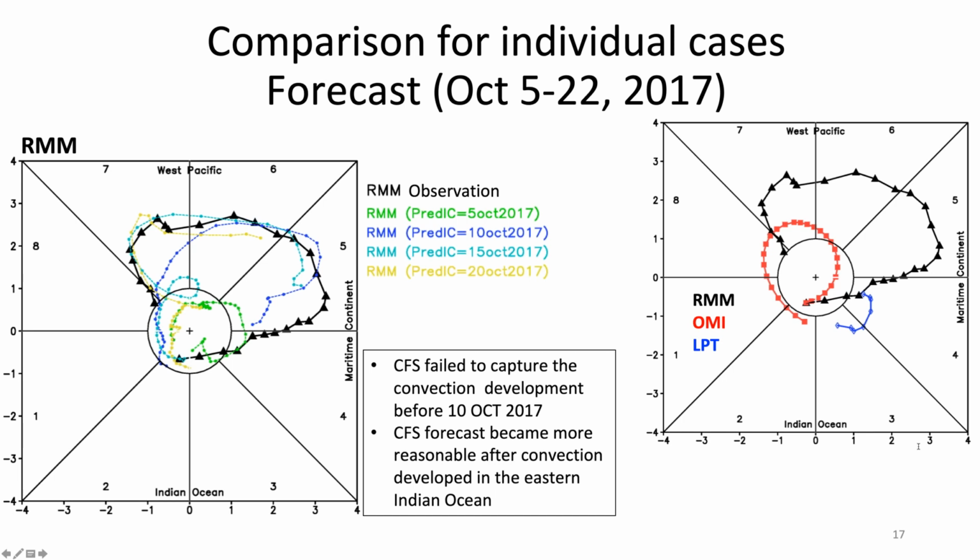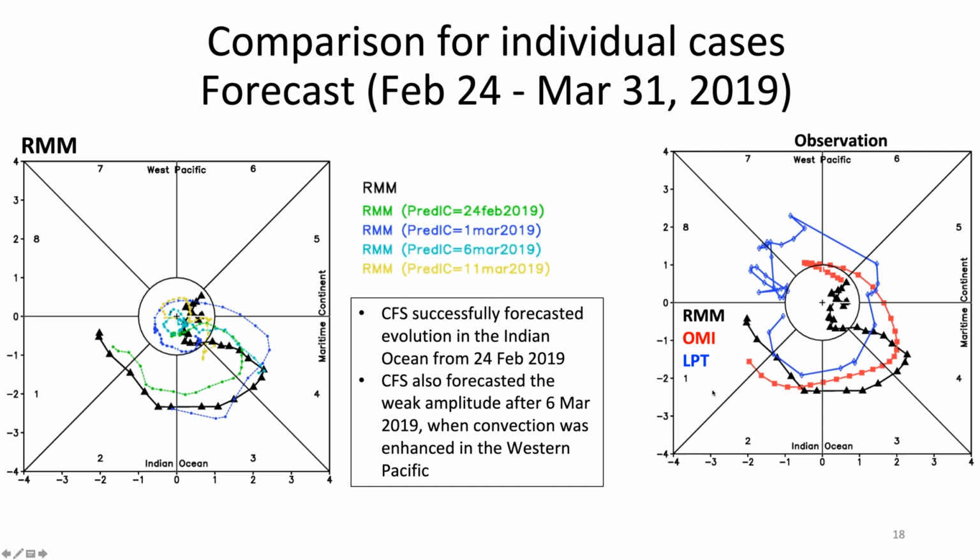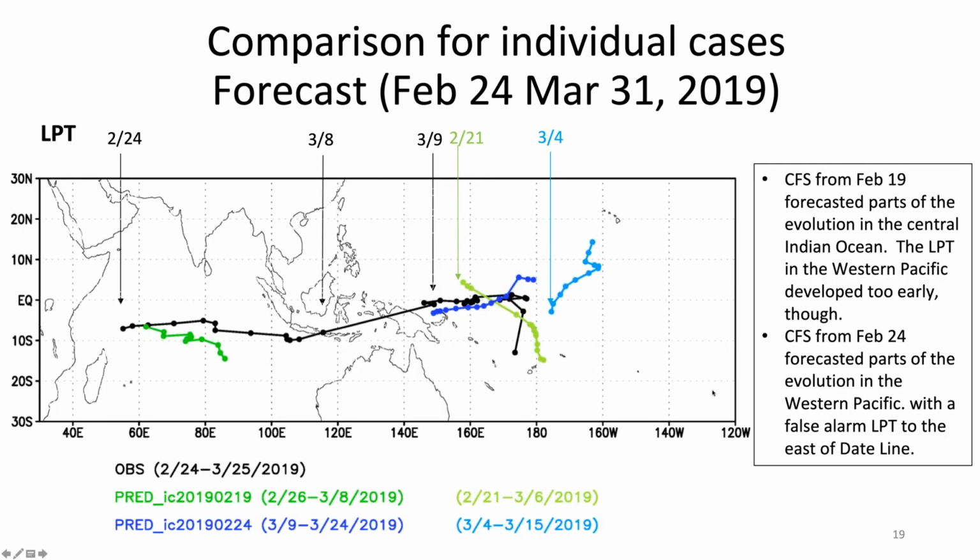If we look at the lower right panel, that is the LPT areas. There's a jump from March 8th to March 9th. So the area jumped from the Eastern Indian Ocean to the Western Pacific, just 1 day apart.